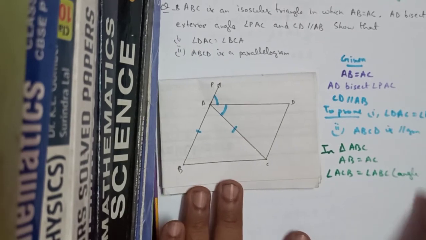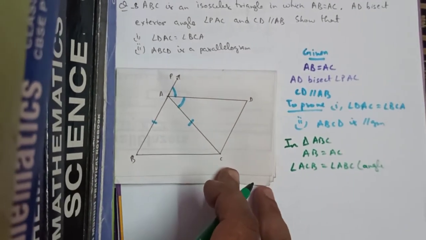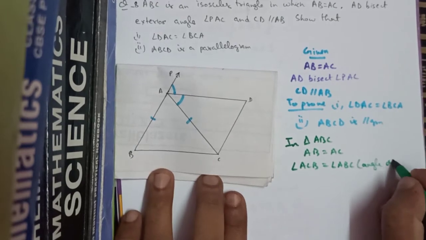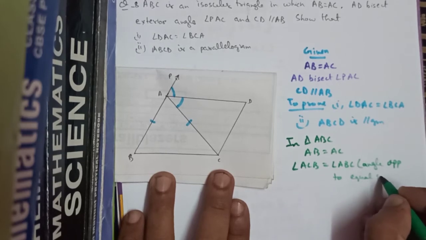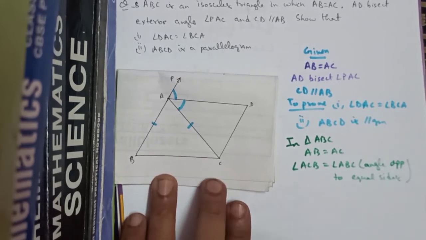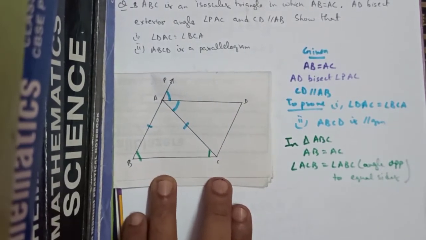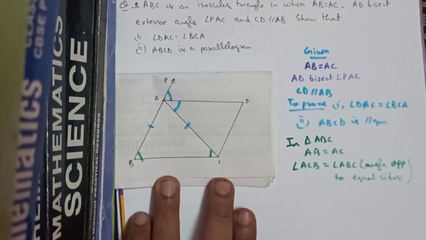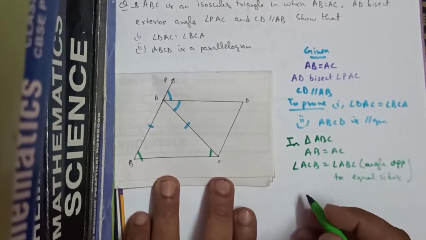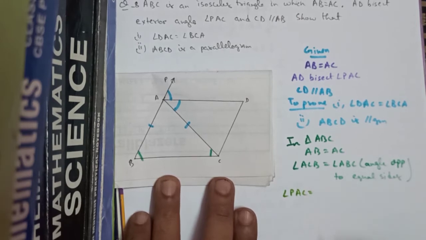So we can say that this angle and this angle will be equal. Similarly now, we know that angle PAC is basically the sum of angle PAD.